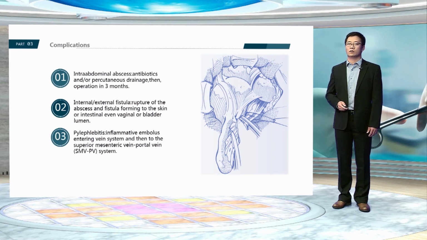The second, internal or external fistula, rupture of the abscess and a fistula forming to the skin or intestine, even the vaginal or bladder lumen. The last one is pylephlebitis. That means inflammatory emboli entering the vein system and then the superior mesenteric vein and the portal vein system.